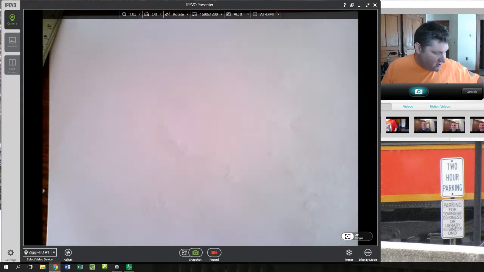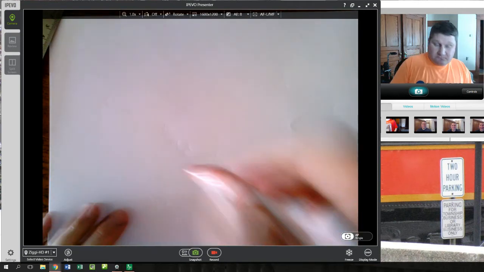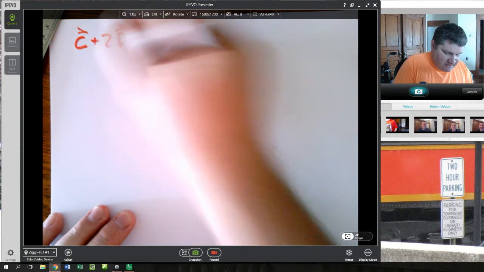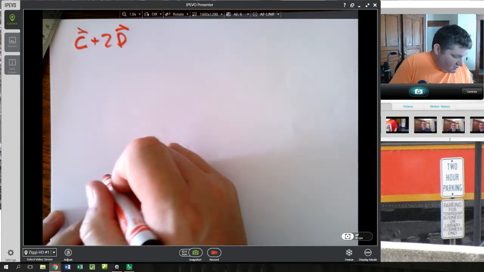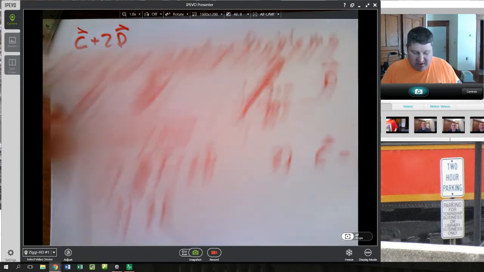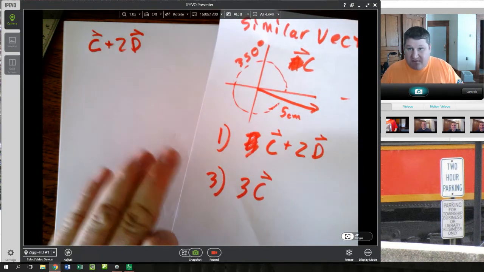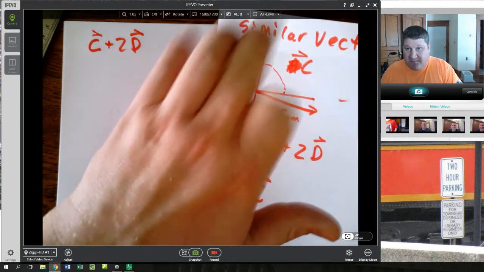Now, let's take a look at the last piece of the puzzle. It says we want to do C plus 2D. So now, here's how you also need to think about arranging this. C plus 2D means I'm going to go down a little bit, then I'm going to go up, and then up some more.